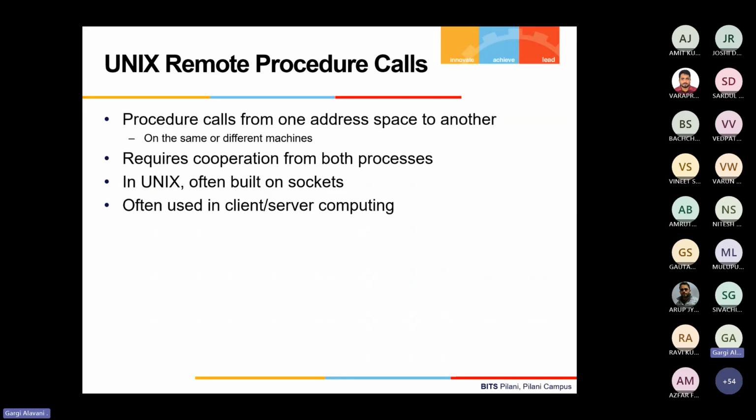Hence, RPCs are very foundational when it comes to distributed systems, and in the modern microservices that are currently being built, RPCs are very critical.